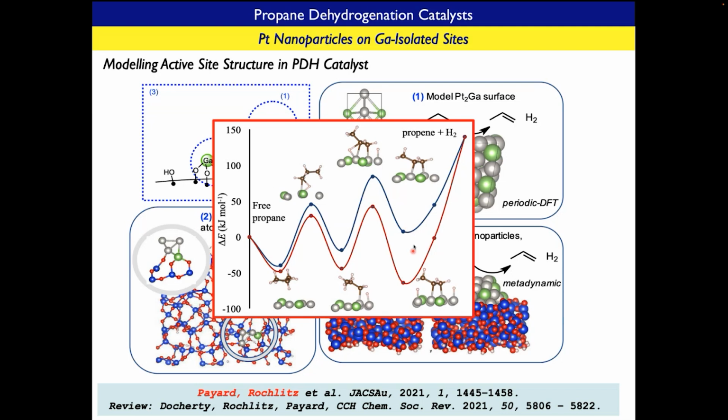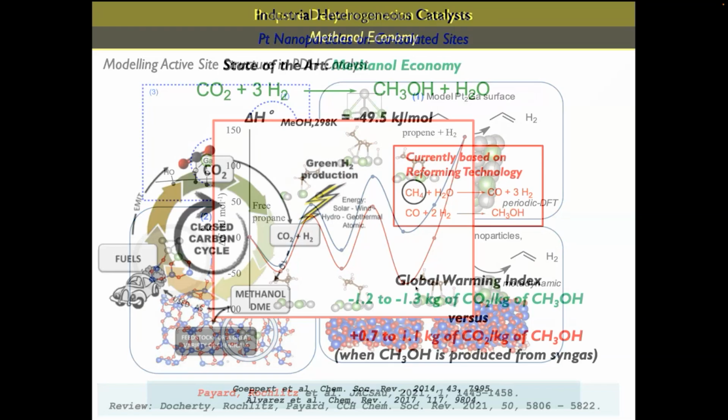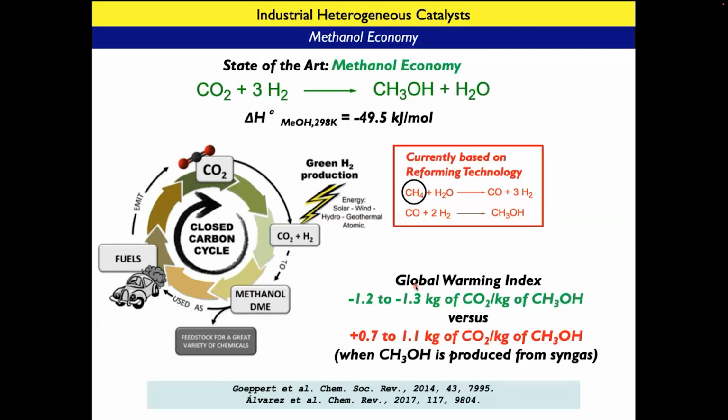It will probably also help with the activity of the catalyst, but also prevent a deeper dehydrogenation to propyne and to carbon, which is one of the problems of platinum. So let me switch gears now and try to go to a second case scenario, which is the CO2 hydrogenation.